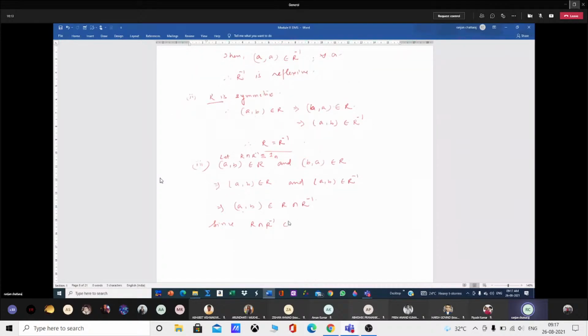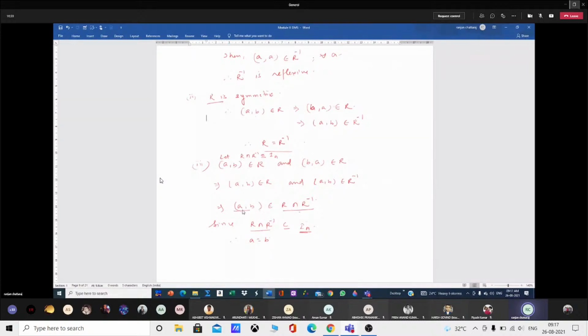So this is a subset of IA, and therefore we may write A is equal to B. Since this is the subset of this and AB belongs to this, that means, and IA contains the elements like AA or BB, and this element belongs to this.